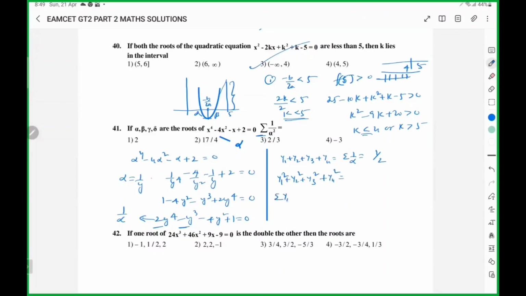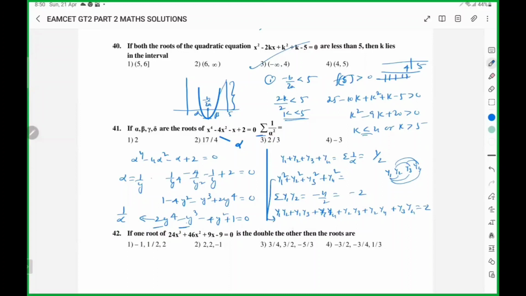And sigma y1 y2, if you take minus 4 by 2, that is minus 2. That means y1y2, y1y3, y1y4, y2y3, y2y4, y3y4 is minus 2.